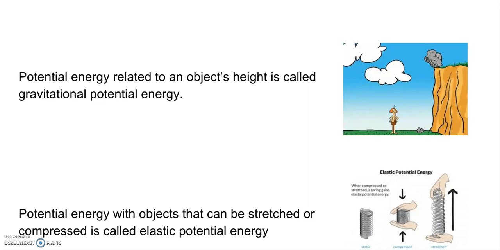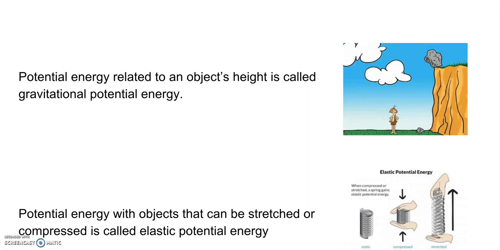that can be stretched or compressed. As you can see here in this picture, we have a spring. A spring, if it's staying still, is not going to have energy, but if it gets compressed, if it gets pushed down, it will have potential energy, because after I let it go, it'll have kinetic energy and it'll move back to its original place.